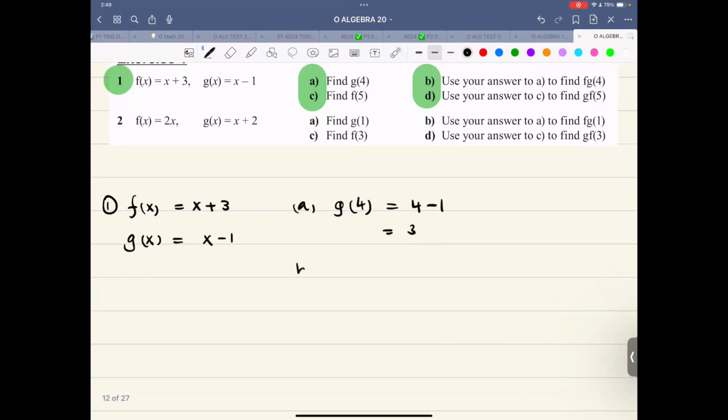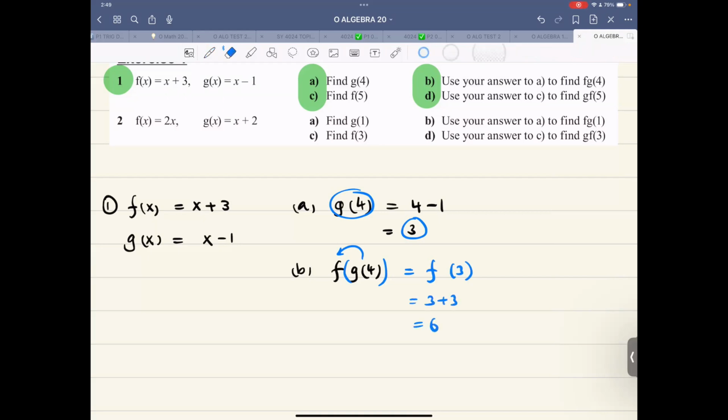Part B, use your answer to A to find f(g(4)). g(4) is 3, so just plug in 3 in f(x). So therefore, this is f(3). That is 3 plus 3, which comes out to be 6.